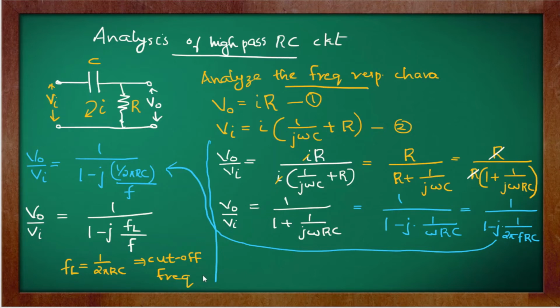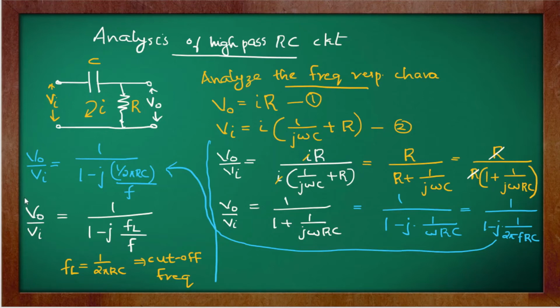Very soon we will see that below this fL, frequencies are highly attenuated, and above this cutoff frequency, the signals are passed. So this fL is nothing but the cutoff frequency.